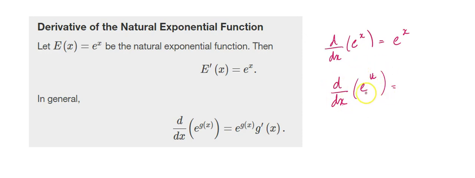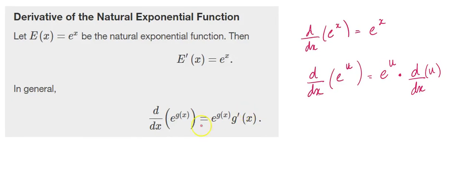So we need to take the derivative of e^u, which is e^u itself with the same u, times the derivative of that u. That's the form that they've given us here.